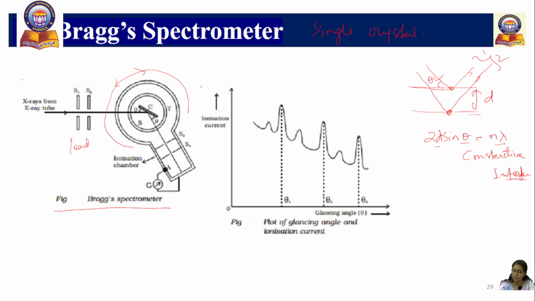That means 2d sin theta as a whole will also change. At a particular value of theta it gives a maximum, at another value it gives a minimum, again it gives a maximum, again a minimum. So there are some specific values of theta at which we get maximum current.